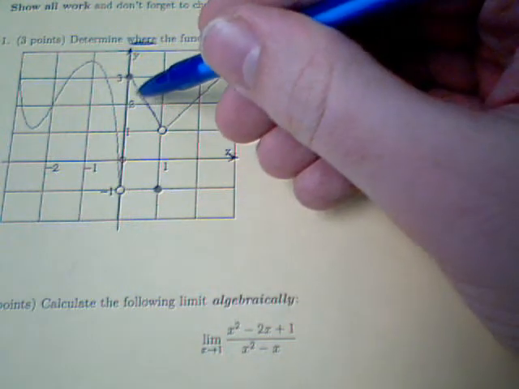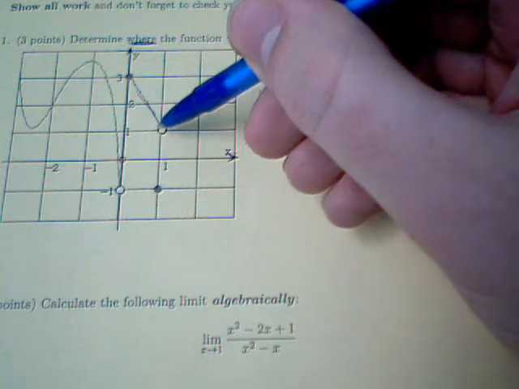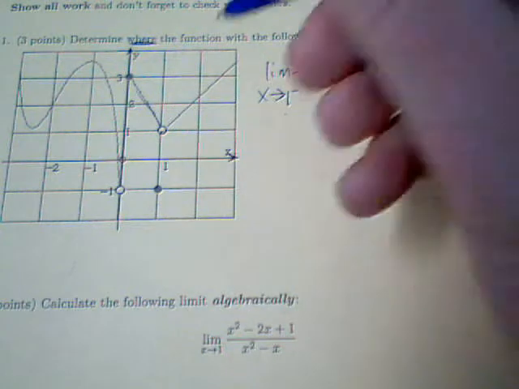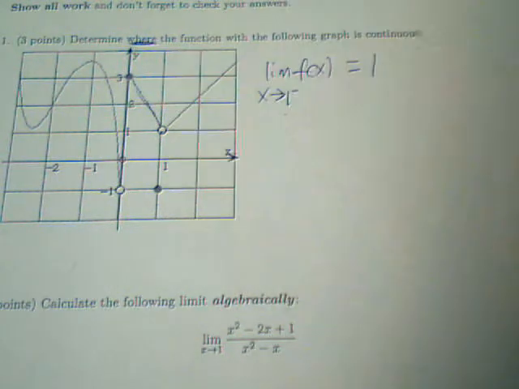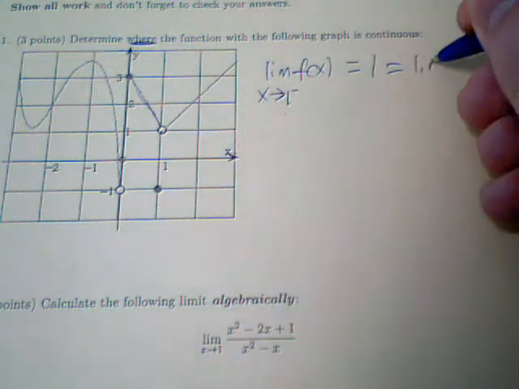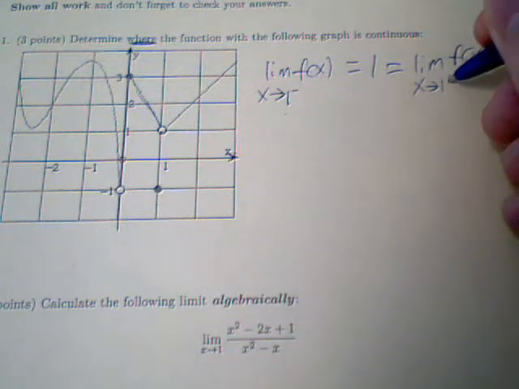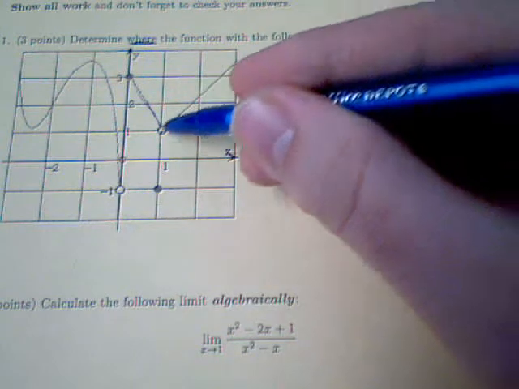I'm on the left side, approaching x equals 1. This line is going to be approaching this open circle here. Same thing on the right. It's going to be approaching the same open circle. So it's equal to the limit of f as x approaches 1 from the right. Okay? There it is.